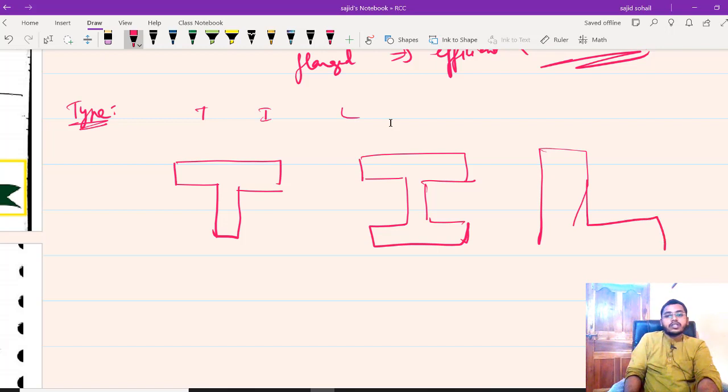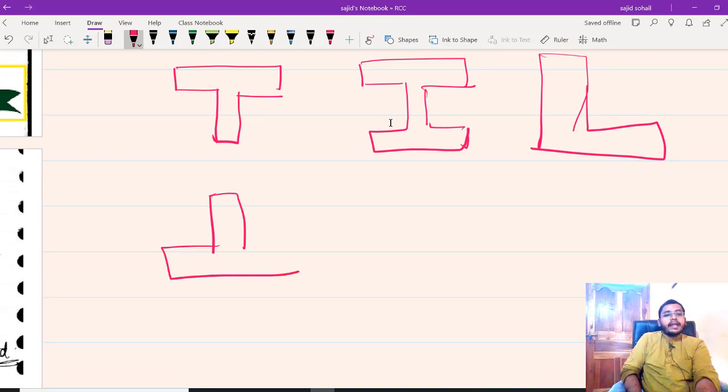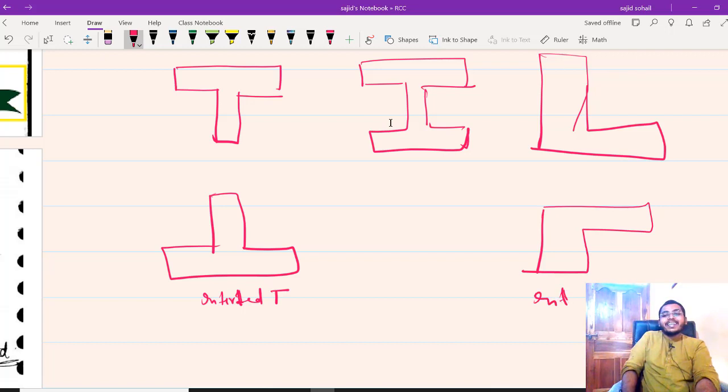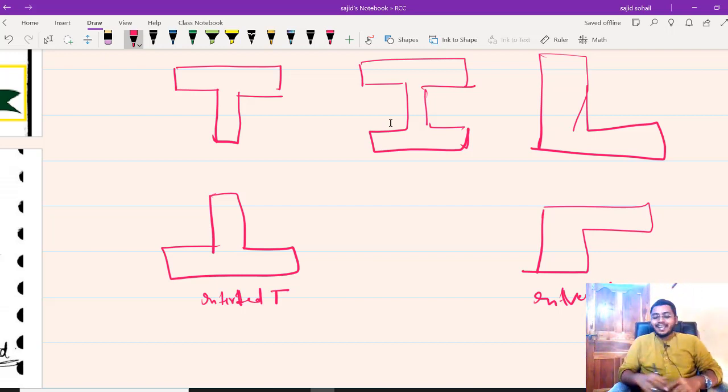Not just these structures, we can also invert them and call this an inverted T beam, and this an inverted L beam. See, you are already becoming professors in this, right? How simple RCC is. RCC काफी simple रहता है, no need to worry at all.